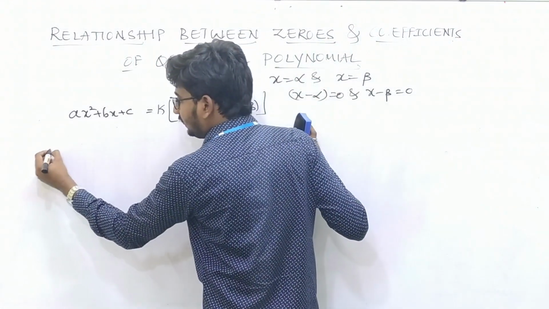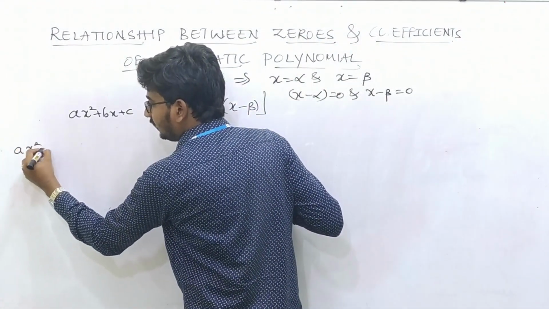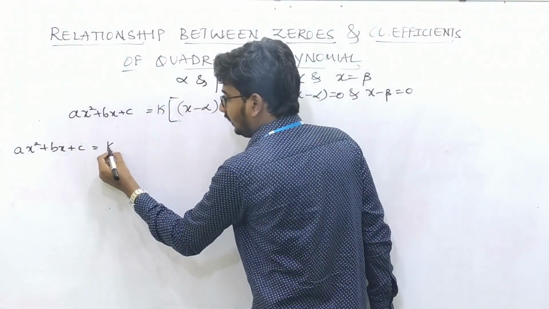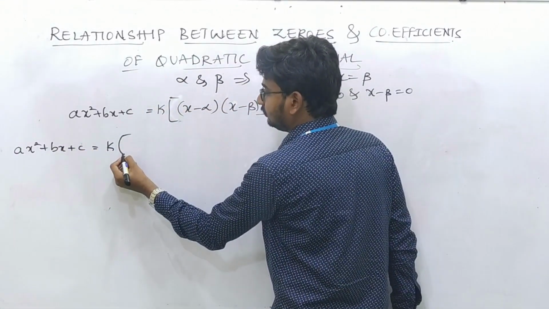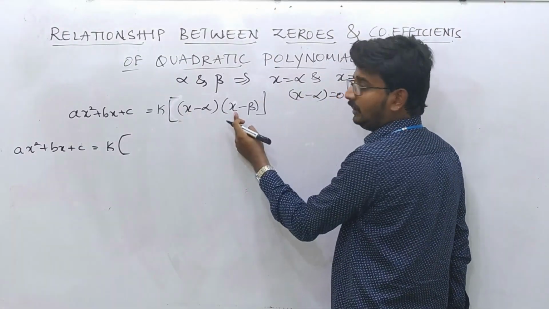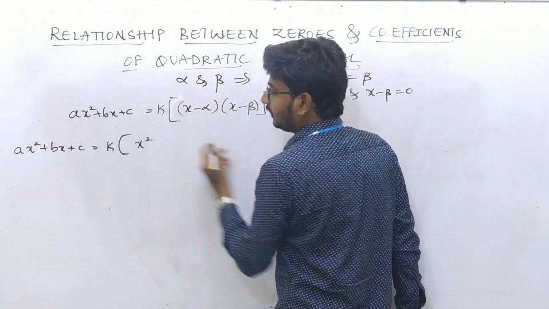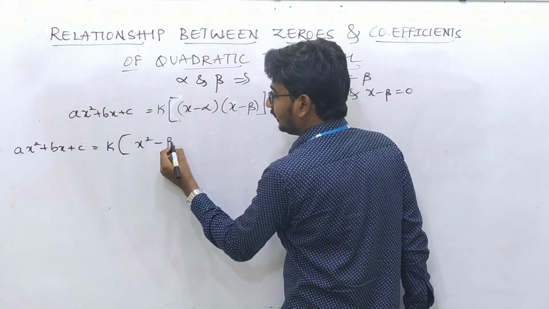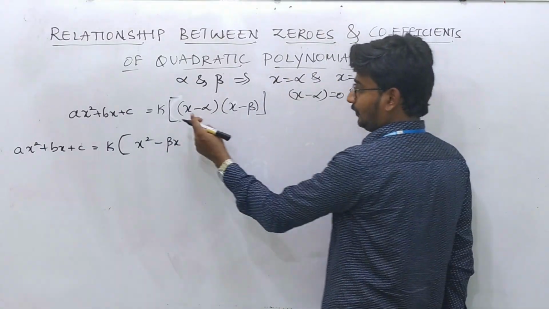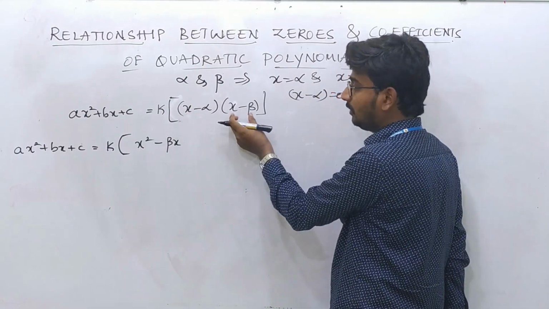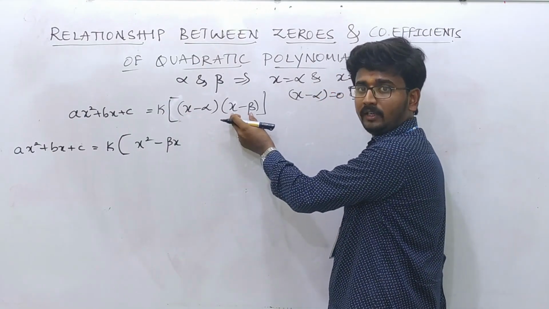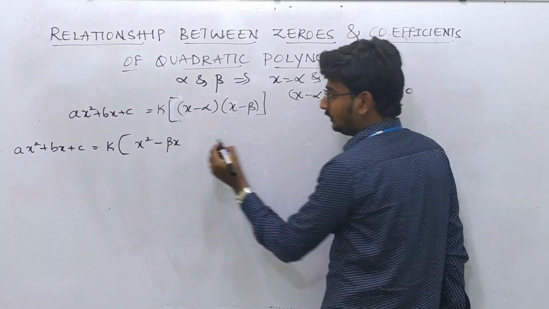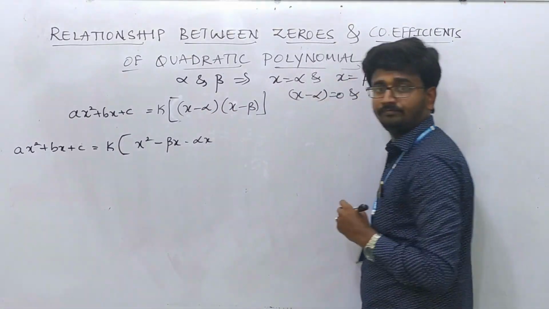Now the RHS part I will write as usual: ax square plus bx plus c is equal to k into the product. Multiplying, x into x is x square, x into minus beta is minus beta x. The first term x I am multiplying with these two terms, x and minus beta. Then the second term, minus alpha into x is minus alpha x.